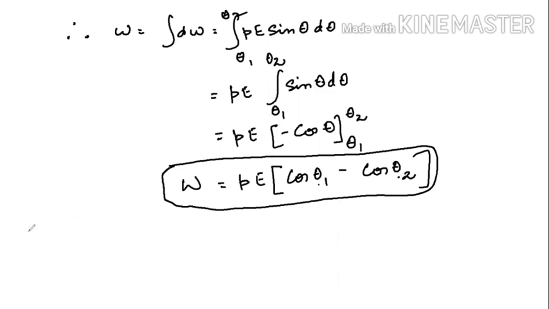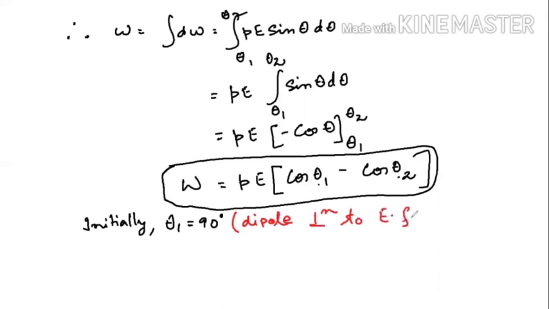Now let's just assume that initially theta 1 value is 90 degrees. This is our assumption. So when we say 90 degrees, that means your dipole initially was perpendicular to the electric field.